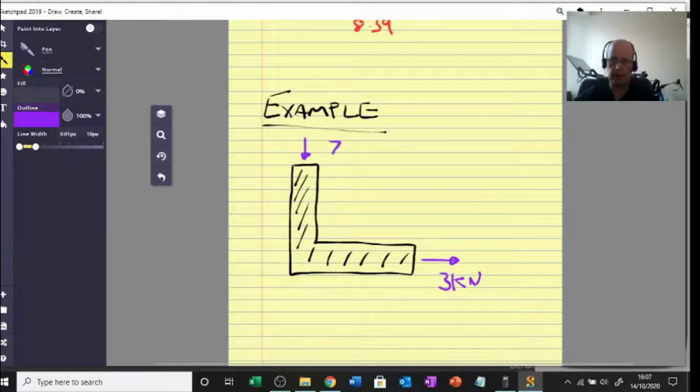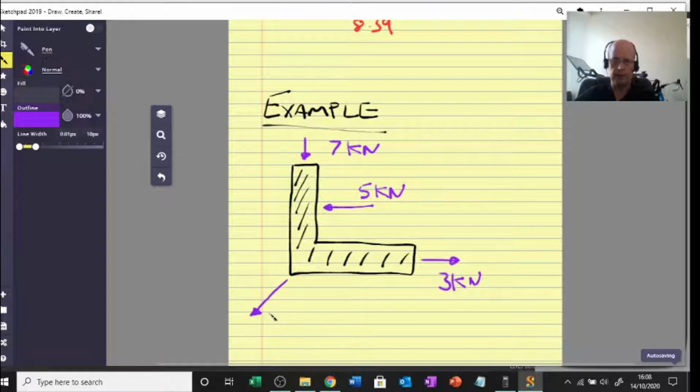Let's say 7 kilonewtons. And I'll put another force over here. Let's call this one 5 kilonewtons. Only forces, right? And let's do an angled one, because you're going to get an angled one.